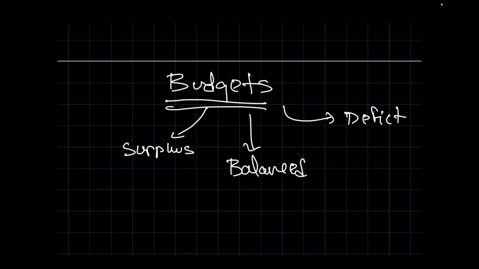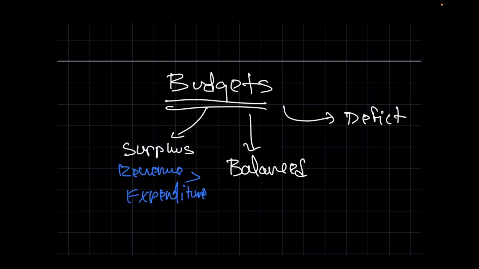Now a surplus budget, it essentially is when your revenue that you make is greater than the expenditure. So as a government, when you make more than you spend, that is when you have a surplus budget.